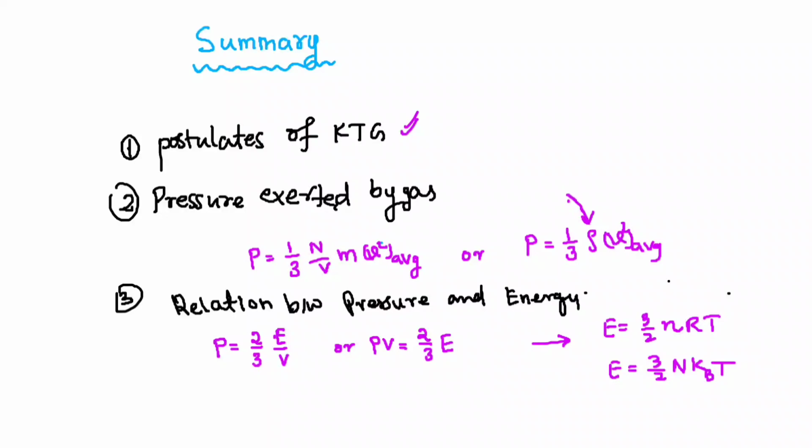Then we discussed the relation between pressure and translational kinetic energy, that is P equal to 2 by 3 E by V or PV equal to 2 by 3 E. From this formula, by using ideal gas equation PV equal to nRT, we derived equation for translational kinetic energy, that is E equal to 3 by 2 nRT or E equal to 3 by 2 NKBT.